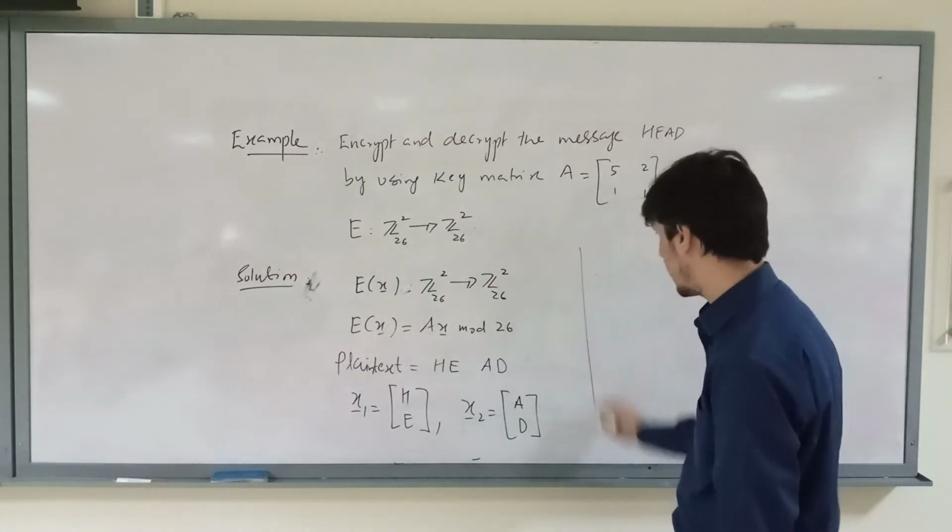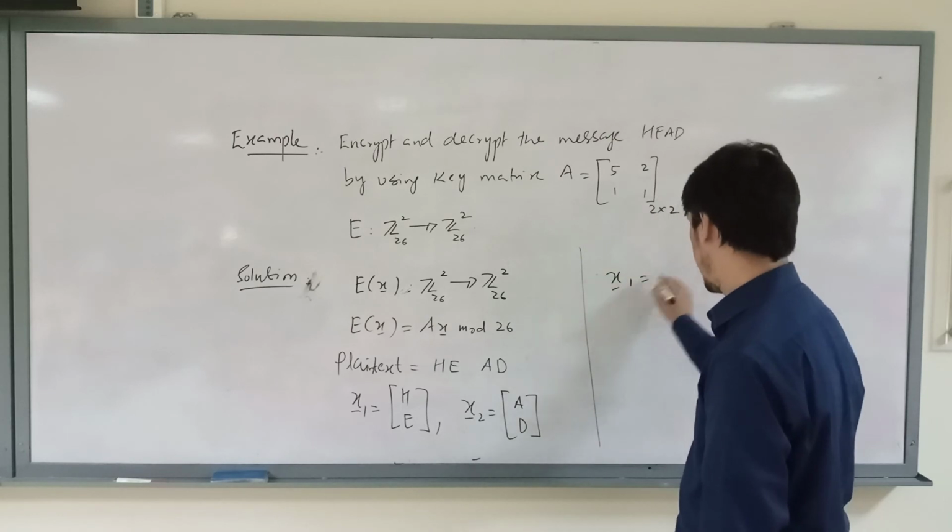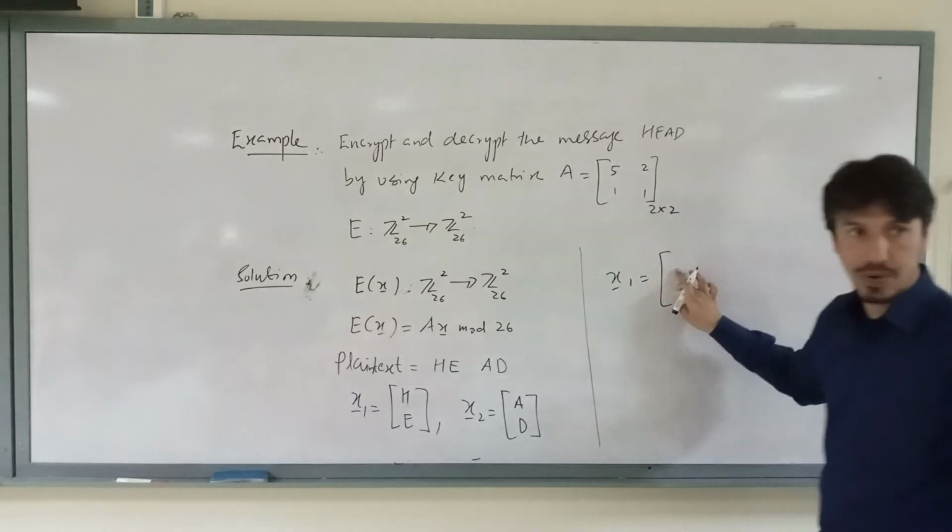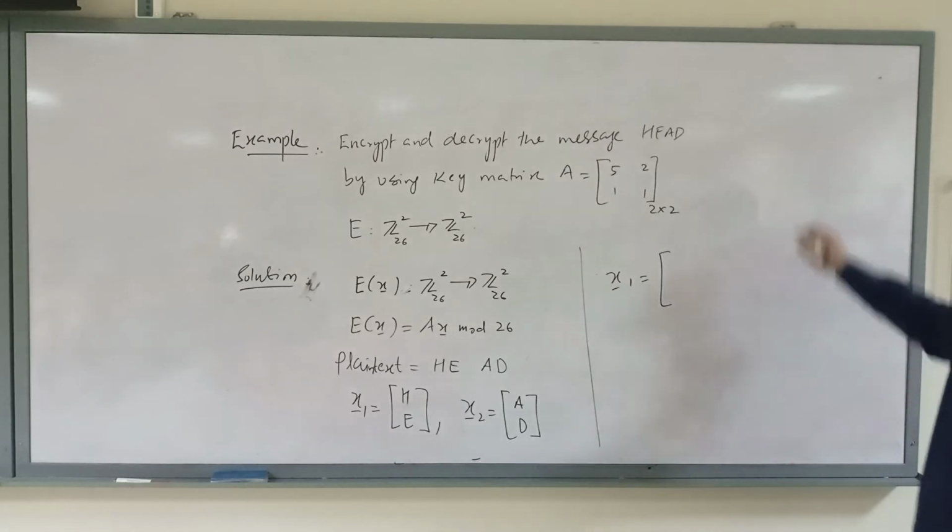So from here, if you can see over here, H is mapped on 7.